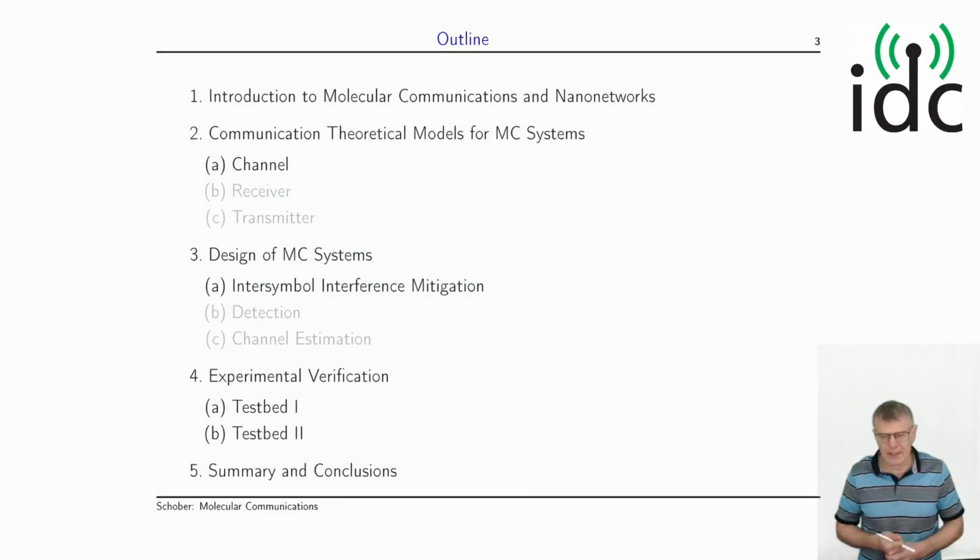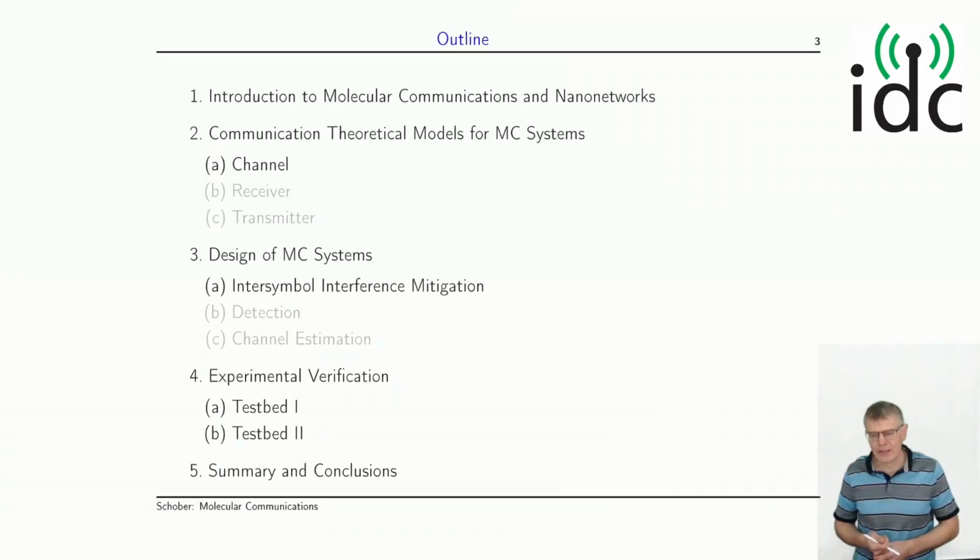So after a general introduction to the topic, I will look at three different stages of molecular communication system design, namely at first the modeling part of a molecular communication system. And here we will focus on the channel particularly because of the time constraints.